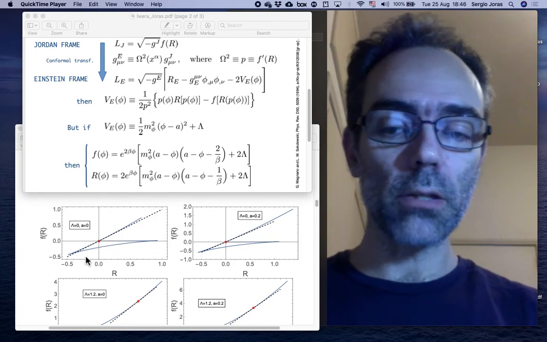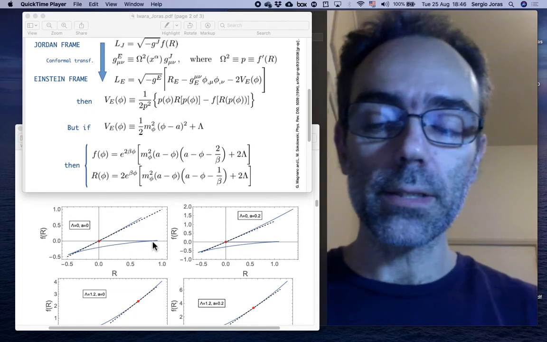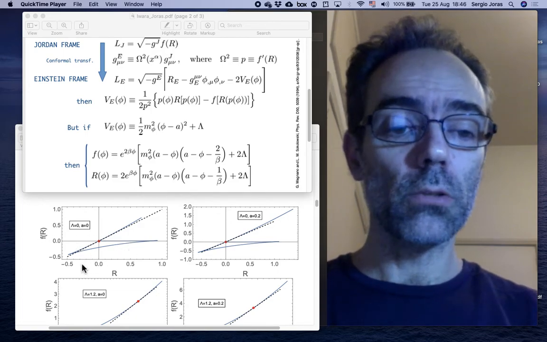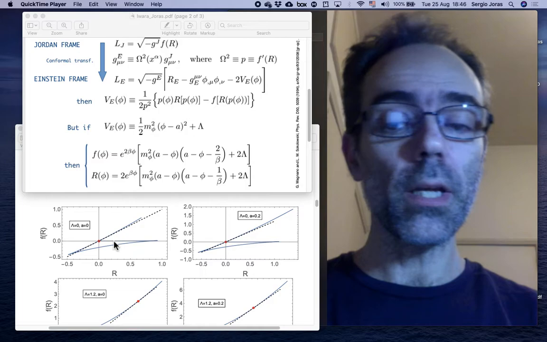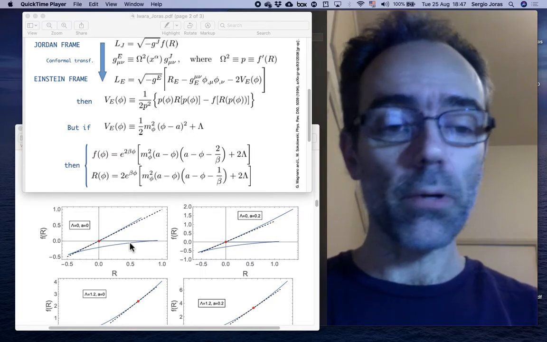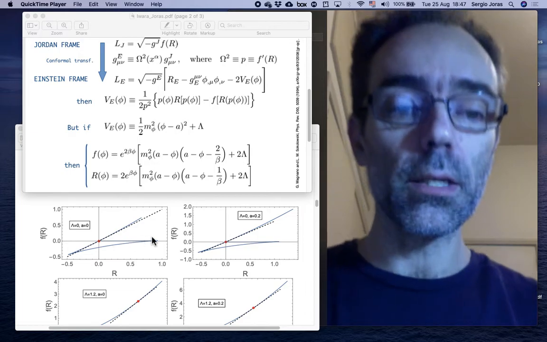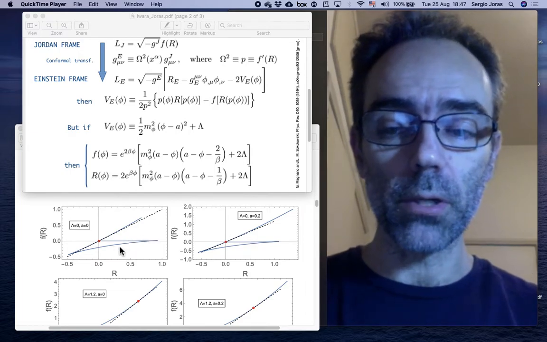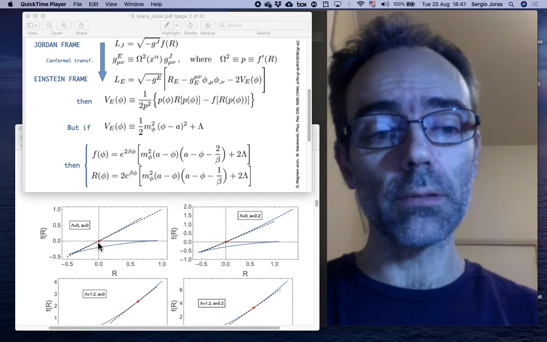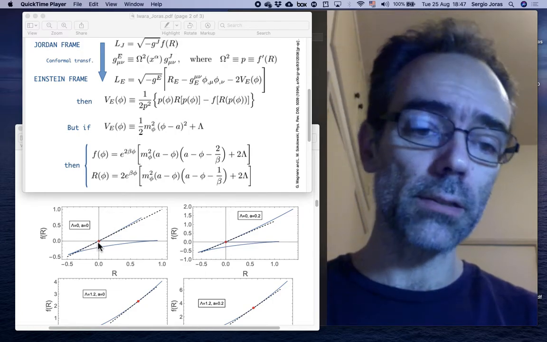So this second branch here is where the second derivative of f is negative. It's known to be unstable. But here, this phase is only temporary, so this instability is not actually harmful to the model. And at the end of the day, the system will oscillate around the bottom of its potential in the Einstein description.